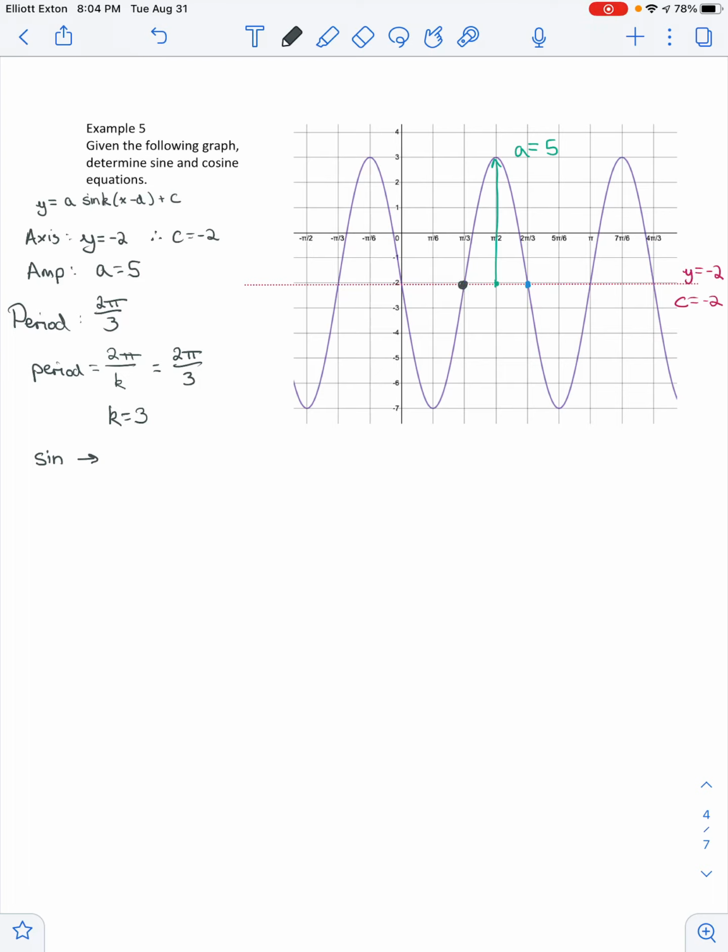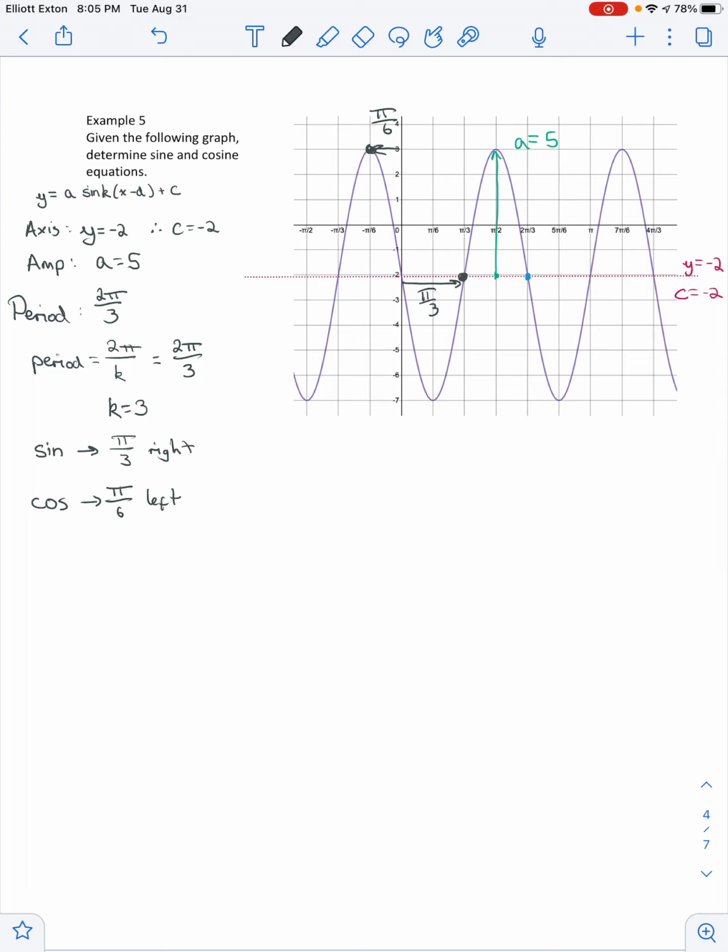So I can pick that point there, for example, and I'm going to see that that has been moved over pi over 3 to the right. And for cos, I'm going to look at this point here and see that this has been moved to the left pi over 6. And those are going to give us our d values.